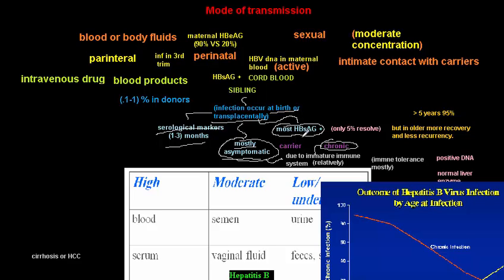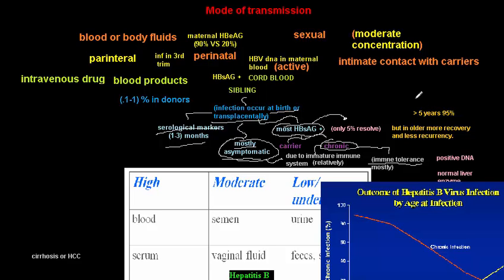They will go into chronic infection and mostly into what we call immune tolerance hepatitis B. I'm going to discuss that in minutes. Only 5% of the children that had hepatitis B perinatally will resolve.